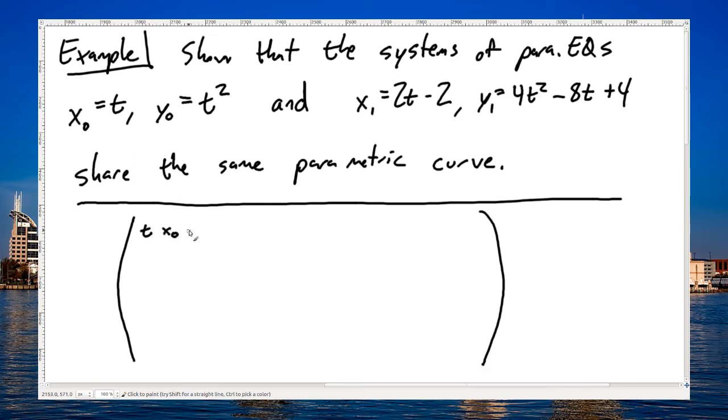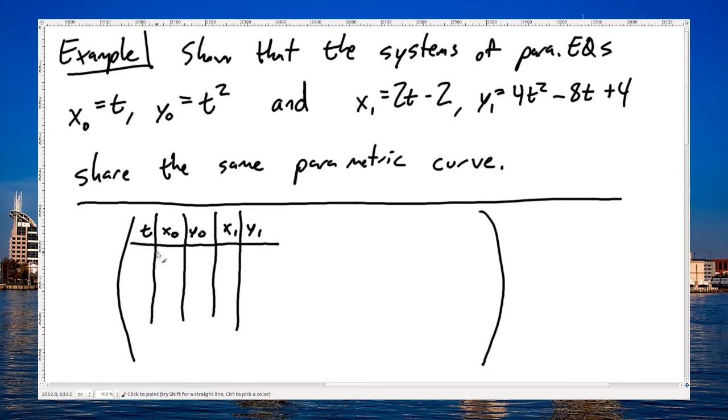So here's t, x0, y0, and then I'll do x1 and y1 as well for the same t values. I'll just plug in nice numbers: -2, -1, 0, 1, 2. Those should be fine because I'm just plugging into nice polynomials.